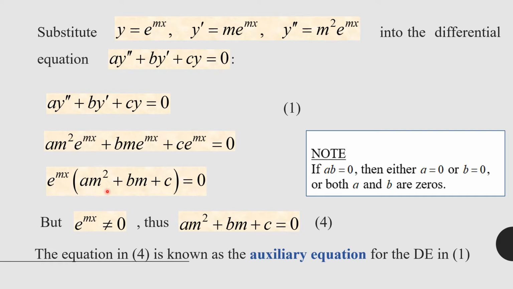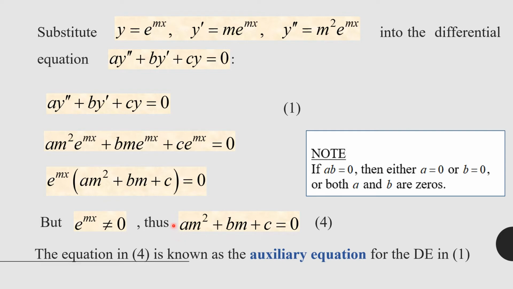This is a product of two factors, meaning that either e to the mx equals 0 or am squared plus bm plus c equals 0, or both are zeros. However, we know very well that e to the mx will never be 0. Since this is never 0, therefore am squared plus bm plus c has to be 0.